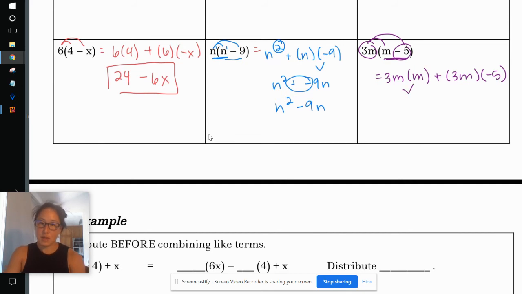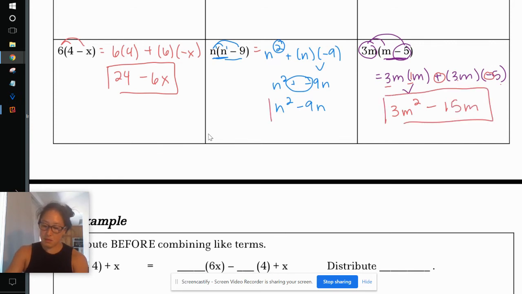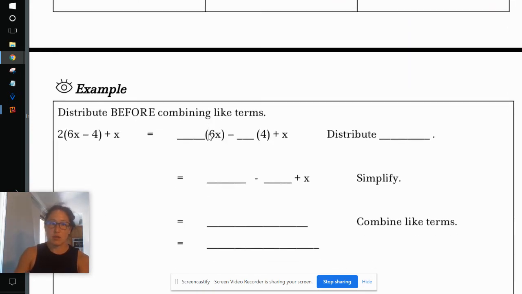Okay, so 3m times m is really, there's an invisible 1 right here, so it's 3 times 1, giving us 3, and m times m is m squared. Our positive and our negative make a negative, so I get 3 times 5, which is 15 times m.